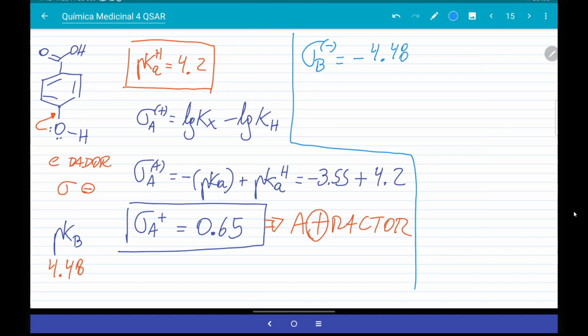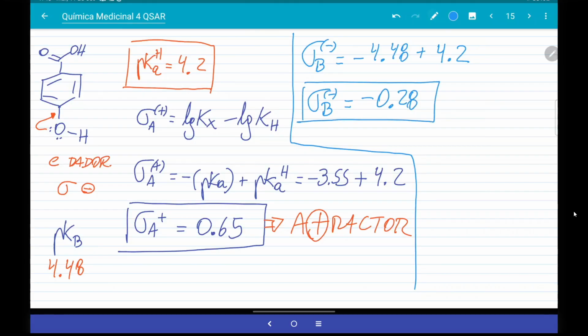Then it would be minus the pKa, so it would be minus, and therefore that would be plus 4.2, and then we have that sigma B that is going to give us negative is equal to, with decimals and all, minus 0.28.